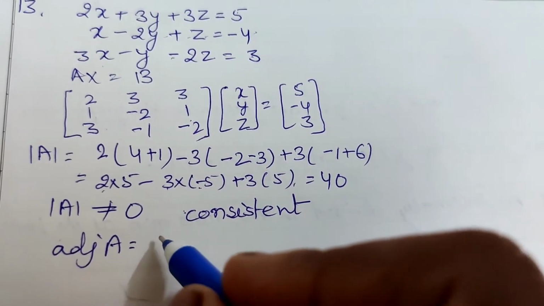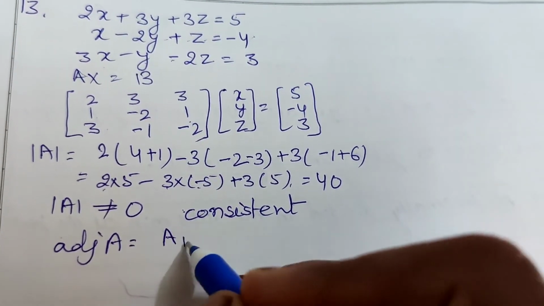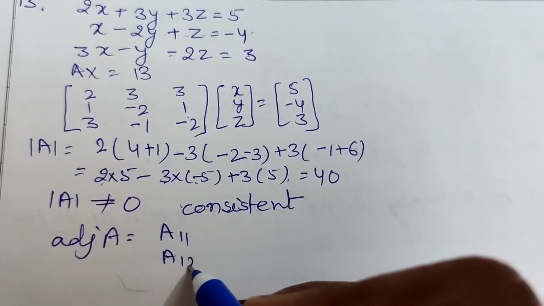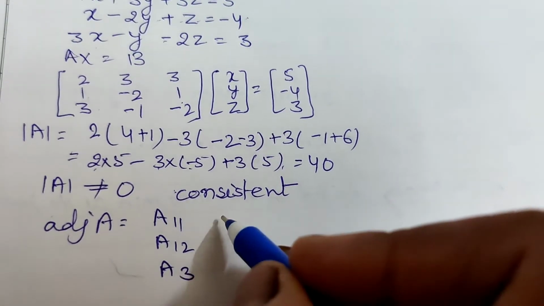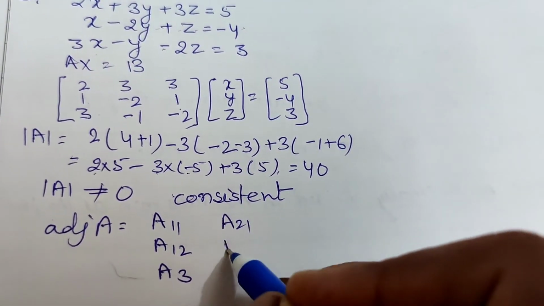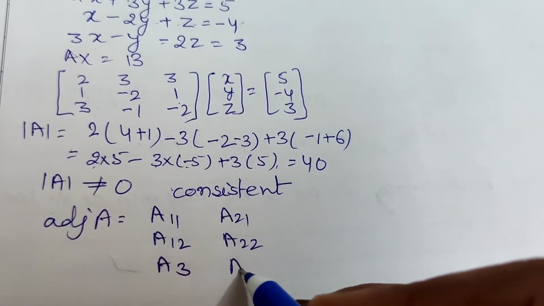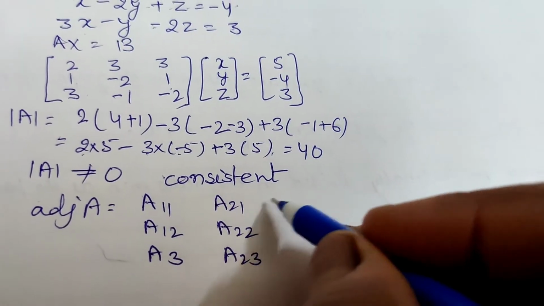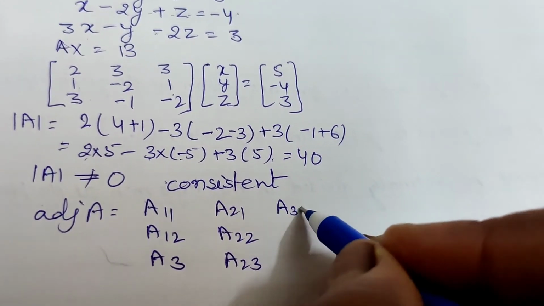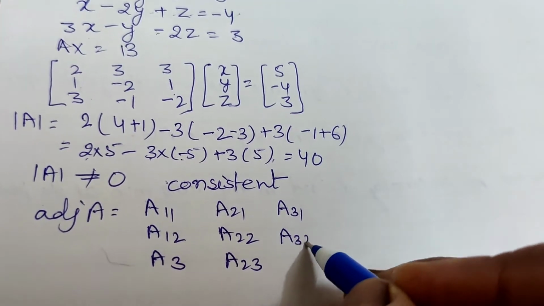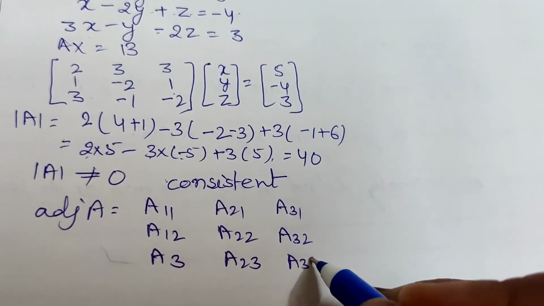Now adjoint of A. Adjoint of A, you can find the cofactors A11, A12, A13, A21, A22 and A23, cofactors of these elements 31, 32 and 33.